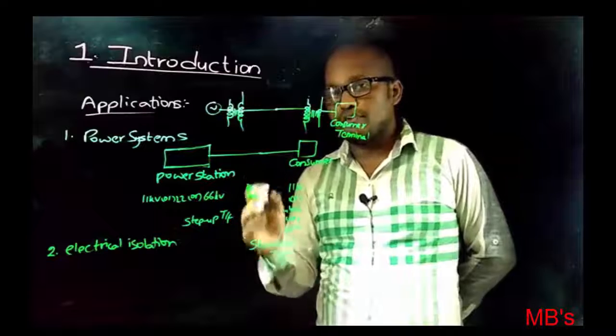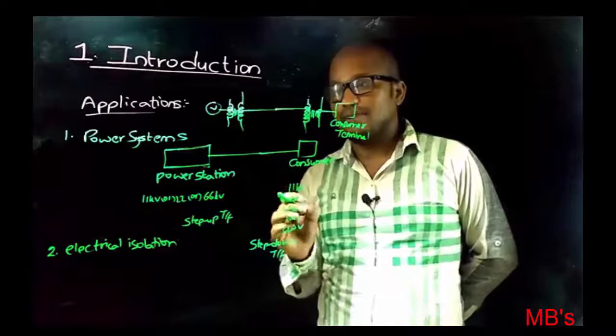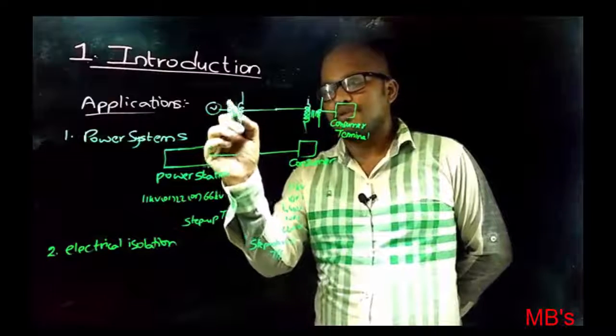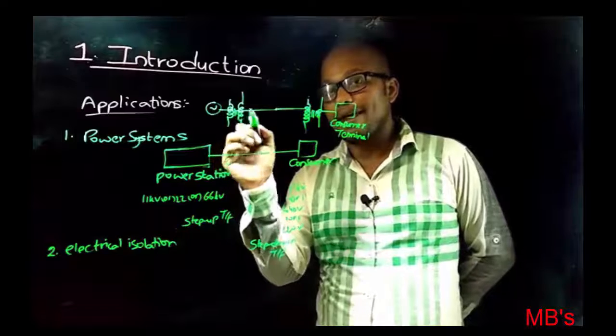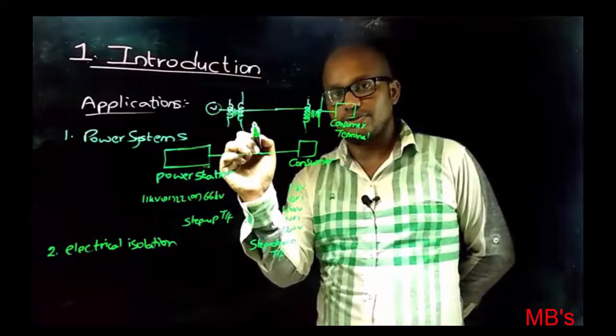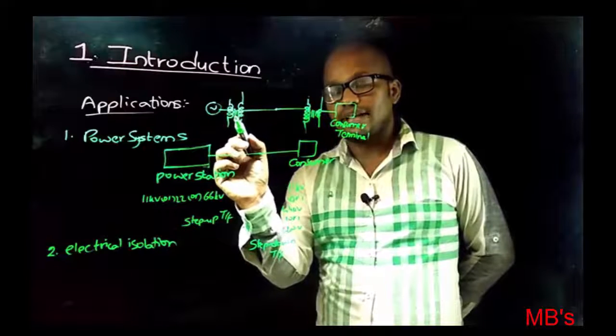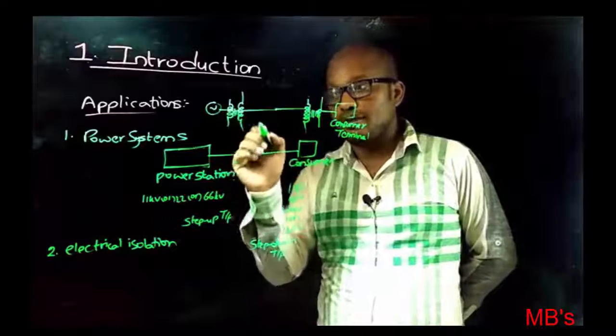From the protection point of view, transformer can also be used as electrical isolator. That is, this is the transformer primary winding, this is the transformer secondary winding, and these two windings are magnetically coupled. There is no electrical connection between this circuit and this circuit. Therefore, transformer also provides electrical isolation. And what is the importance of electrical isolation?